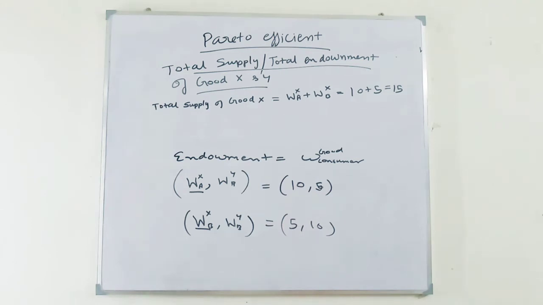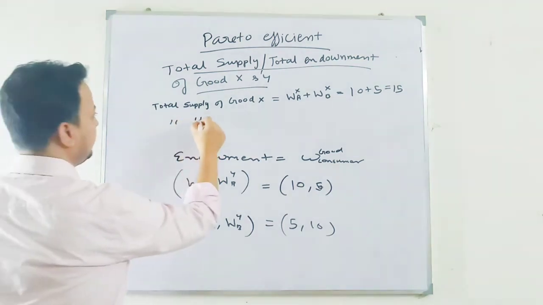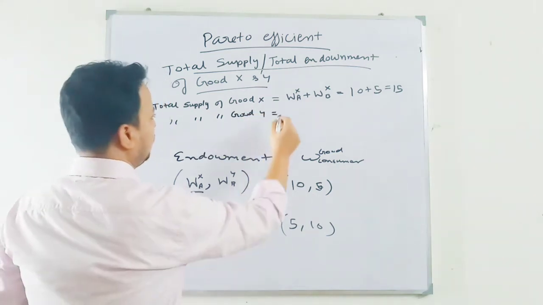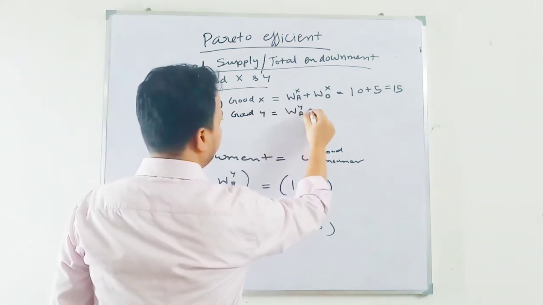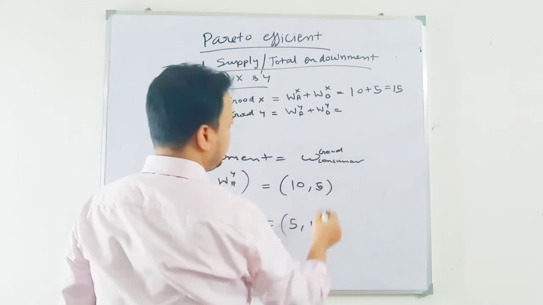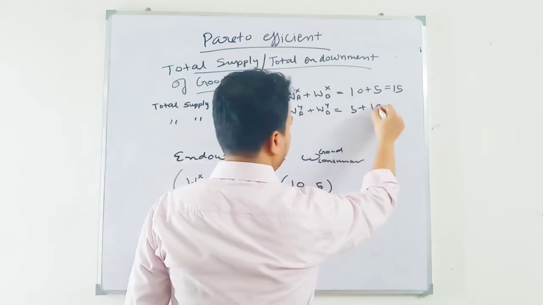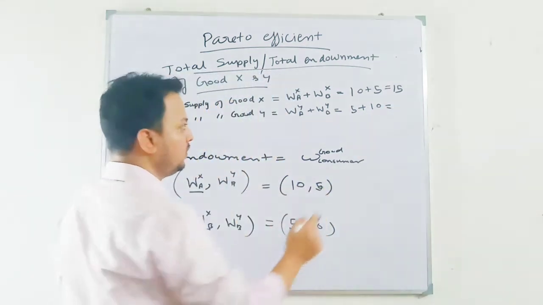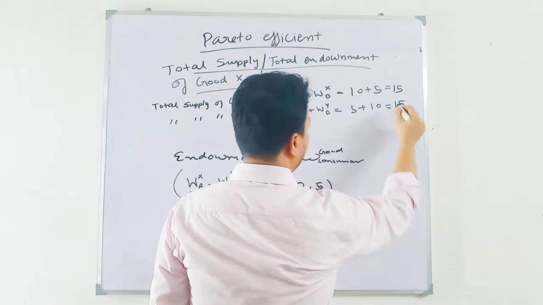Now the total supply of good Y: endowment of good Y with consumer A plus endowment of good Y with consumer B. This is 5 plus 10. This can be any number, so no need to be confused by that. So this is 15 also.